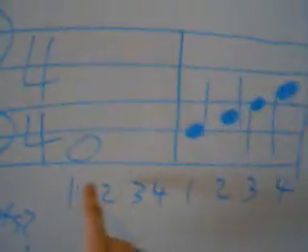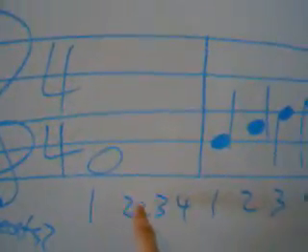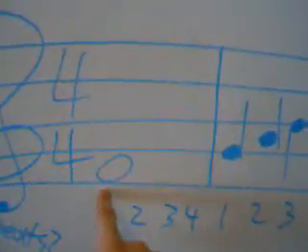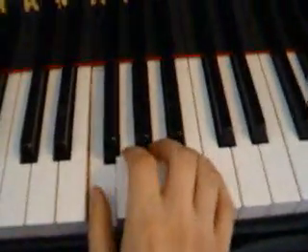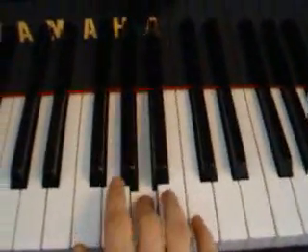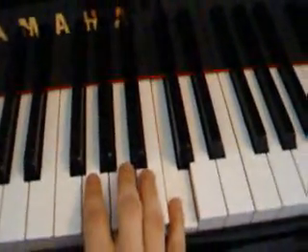Now, if you're going to count eighth notes or half notes, a half note would be, you'd go 1, 2, 3, 4. So there'd be a half note here and a half note here. So if you're going to play that F twice as half notes, that'd be 1, 2, 3, 4. 1, 2, 3, 4.